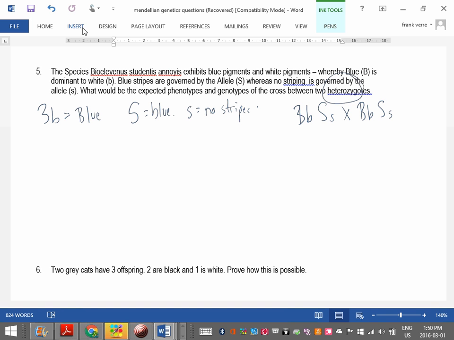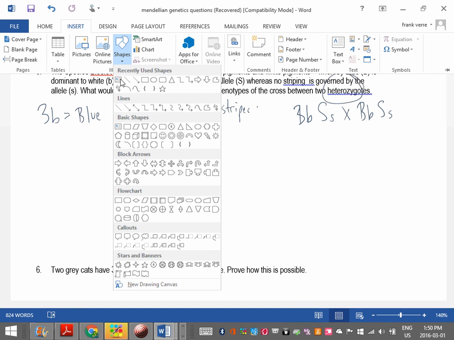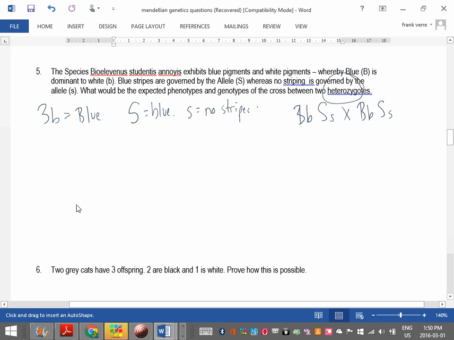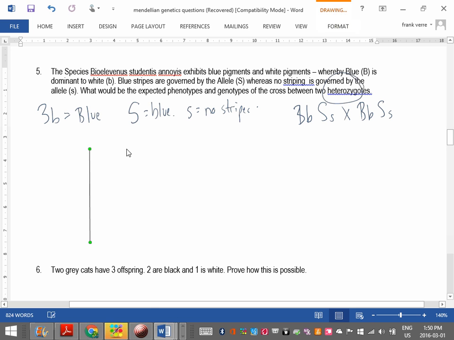Now, I can't draw lines, as you know, so I'm going to finally get smart here. So here's one line. Copy this. Paste. Paste. Probably even a faster way to do this. Move this over here.